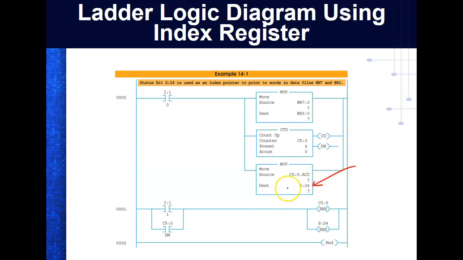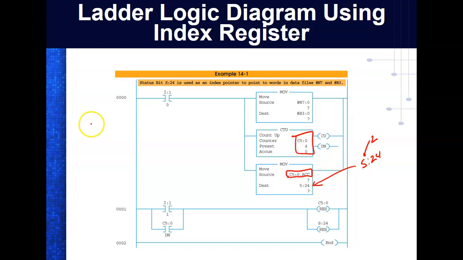So what they're doing here is taking whatever happens to be in the accumulator of counter 5, this one right here, and moving it into the index register, which is S24. But really it's S2. Do you understand? The book will teach S2, but the 2 is understood.